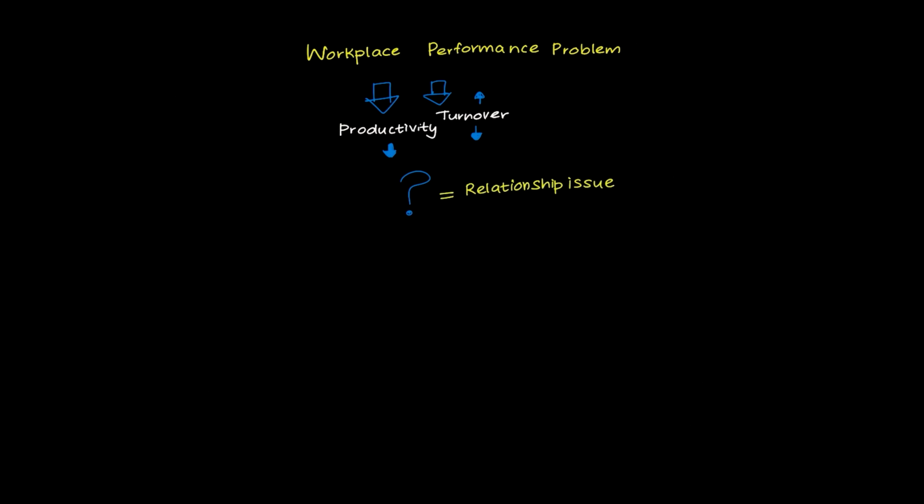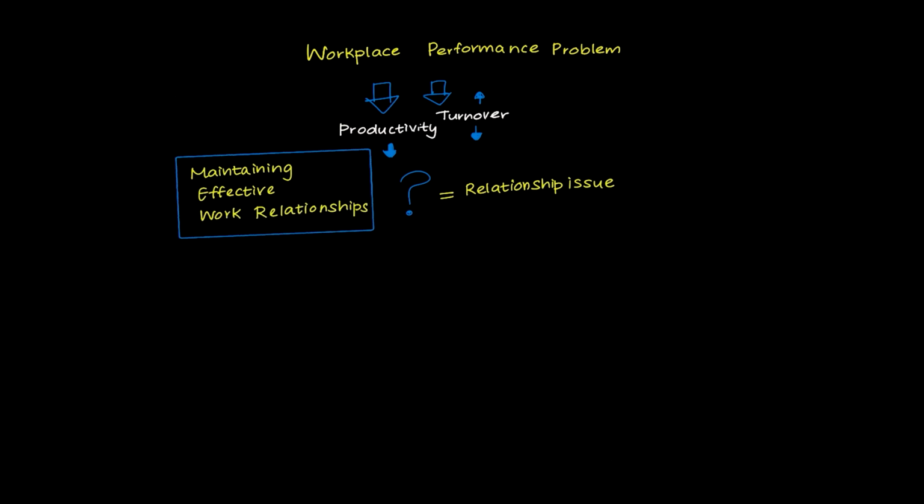All right, let's break down this workplace performance scenario. When you see declining productivity and increased turnover happening together, you're dealing with a relationship problem, not a hiring problem or a training problem. The core HR function of maintaining effective work relationships focuses on creating conditions where employees actually want to stay.